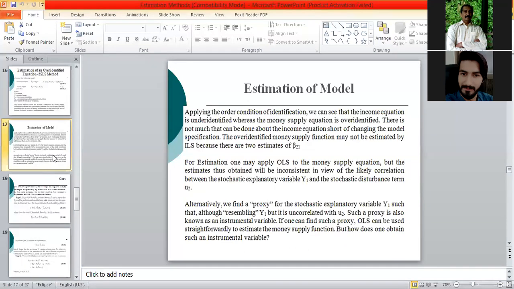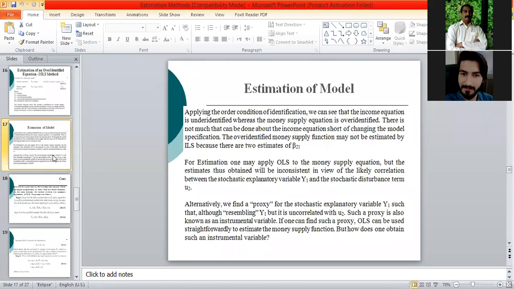So why is the money supply equation considered over-identified? For estimation, one may apply OLS to the money supply equation, but the estimates obtained will be inconsistent because there exists a simultaneity problem.